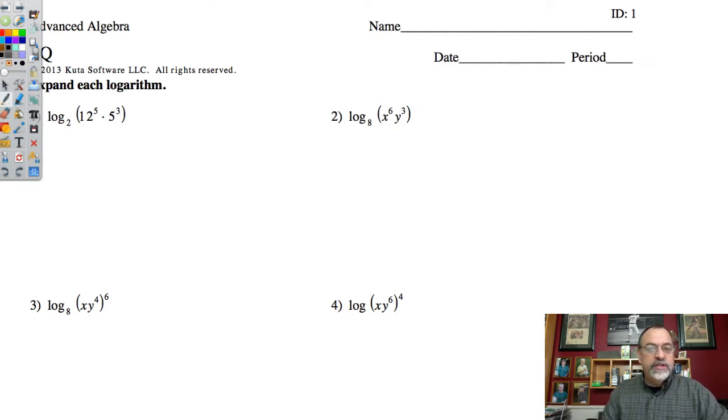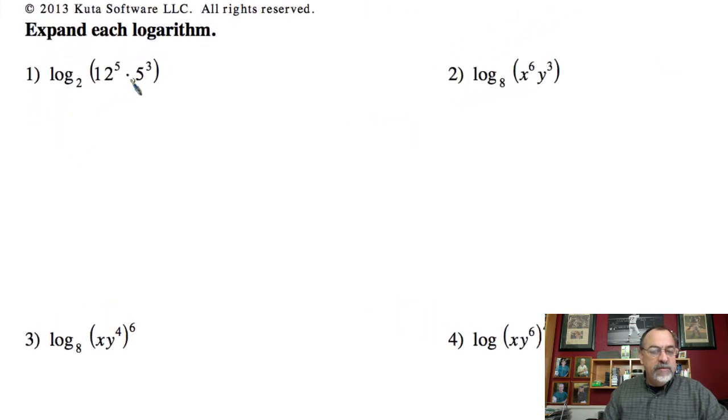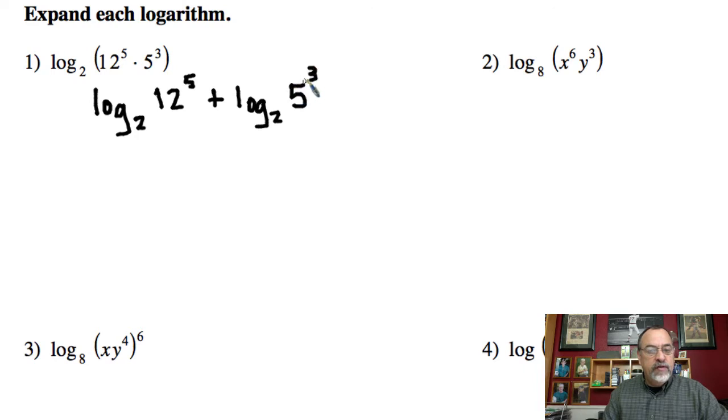So we're asked to expand these logarithms, so we're going to use the properties of logarithms. So I have a number times a number, so we're going to use addition. So this is going to be log base 2 of 12 to the 5th, and because we're multiplying, we add, so that's log base 2 of 5 cubed. So that is adding because it's multiplication.